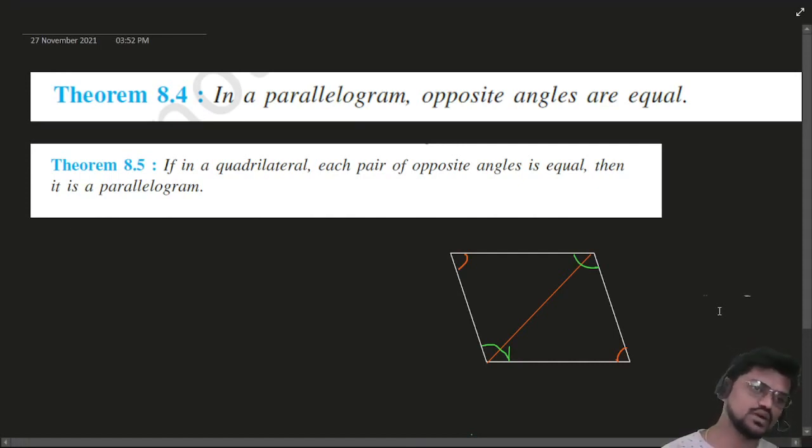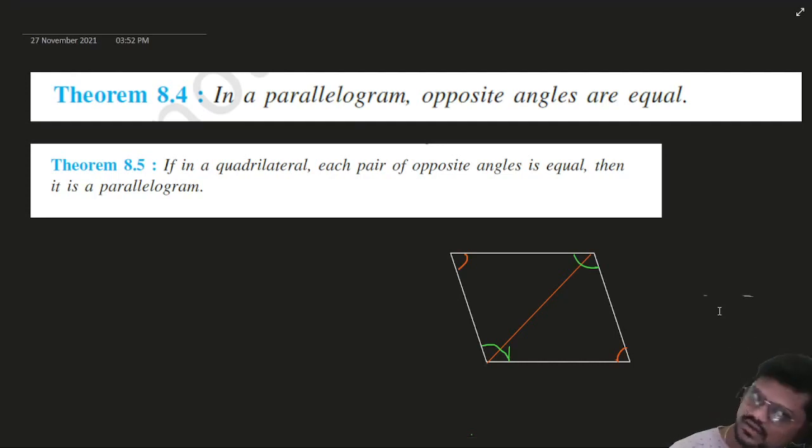But we don't know that opposite sides are equal. How can we take the opposite side property of a parallelogram? Again, it is not a parallelogram. To do this theorem, it is a quadrilateral. No, it is not a parallelogram. We only know that the opposite angles are equal.